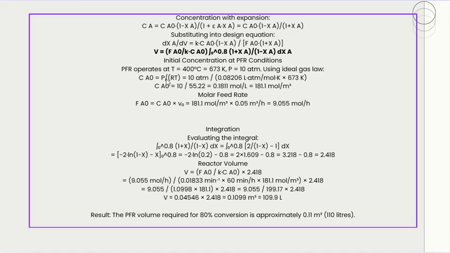So using this we further simplify this equation and get V as 109.9 liters, which is approximately 110 liters. The volume required of PFR for 80% conversion is 0.11 cubic meters.